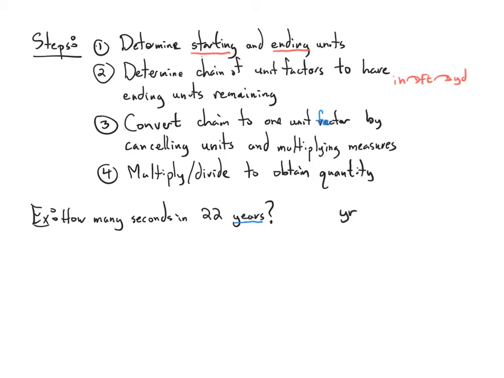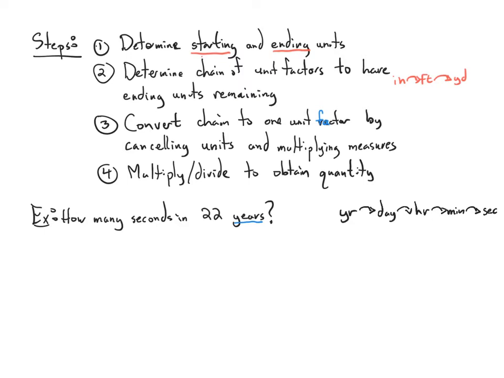So we know how many days are in a year, so we can convert from years to days. We know how many hours are in a day, so we can convert to hours. We know how many minutes are in an hour, so we convert to minutes. And we know how many seconds are in a minute, so we can convert to seconds. So that's going to be our chain.